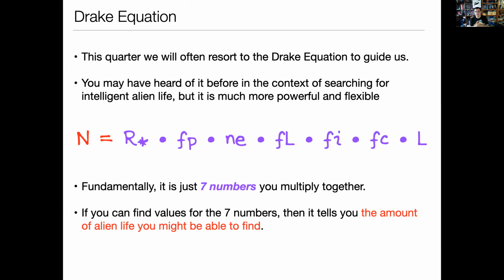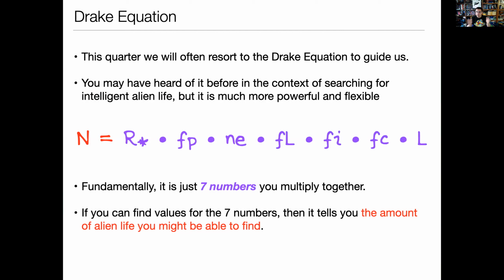So the Drake equation is a very straightforward equation. It's just 7 numbers that you multiply together. Those 7 numbers are all things that in principle you can measure about the universe. They're numbers that we can determine either from observational astronomy or experiments in physics or by the statistics of what we know about what goes on in the universe.